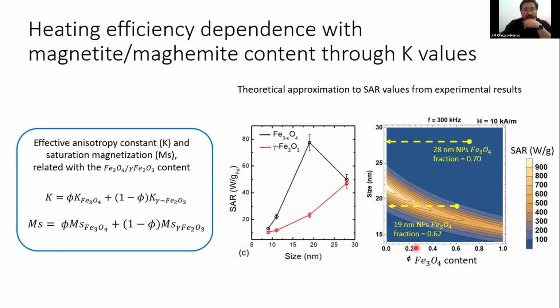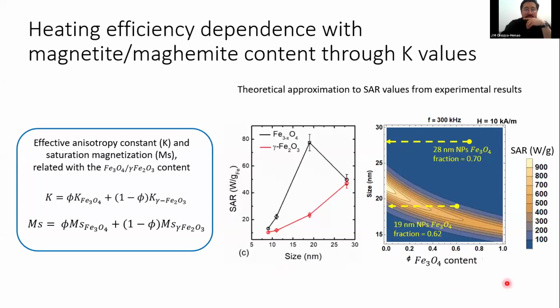The graph on the right shows a simulation of the specific absorption rate values as a function of the magnetite content. Inside this, the mean size values of the studied samples are highlighted, two of them being the samples that show the higher specific absorption rate values.